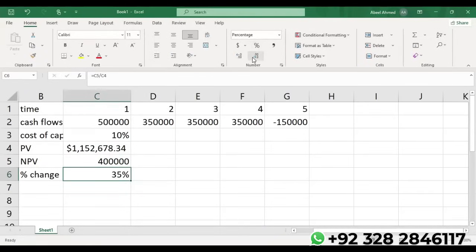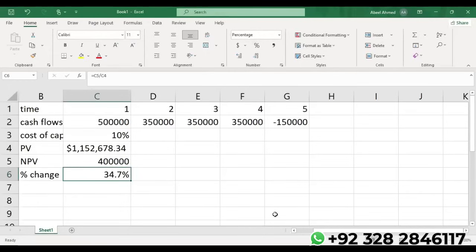Actually, it is 35%, and if I convert this, I'm getting 34.7%. So the percentage change is 34.7%. Logically, if cash inflows fall, they reduce by 34.7%, your NPV becomes 0. I hope it is clear to everyone.